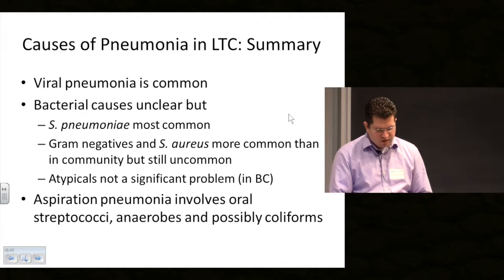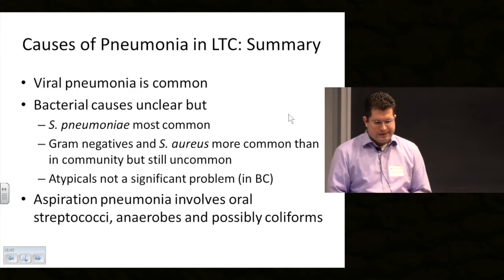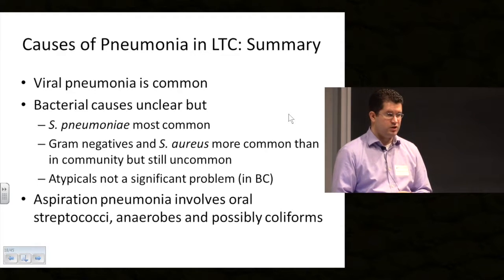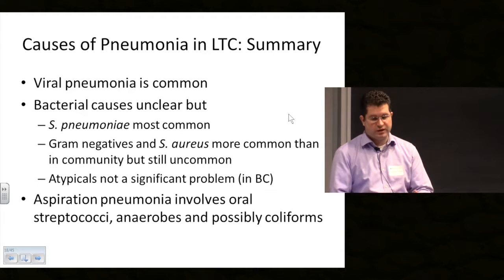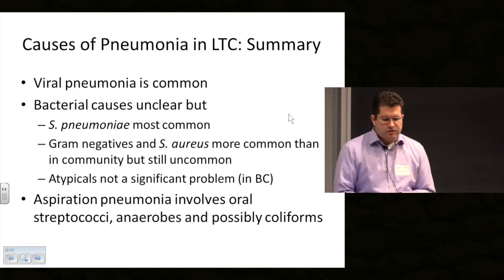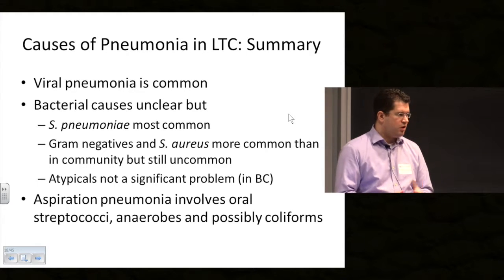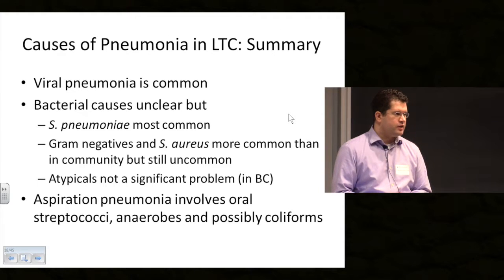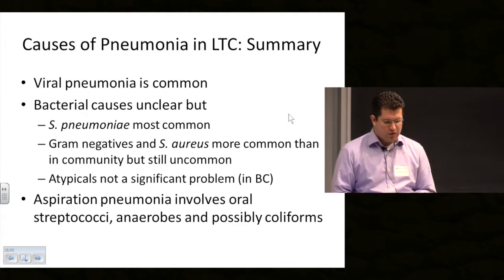So to summarize the microbiologic causes, viral pneumonia is really, really common. There's a lot of viruses in long-term care. They're hard to diagnose, and we don't have good lab ways of doing that. Bacterial causes, it's a bit unclear exactly what's causing it, but it seems that Streptococcus pneumoniae is still the most common, as it is in the community, but gram-negatives and Staphylococcus aureus tend to be a bit more common than they are in the community.